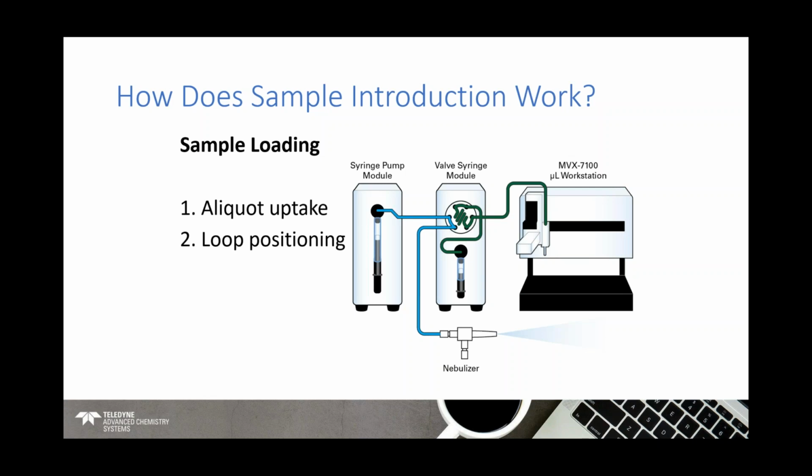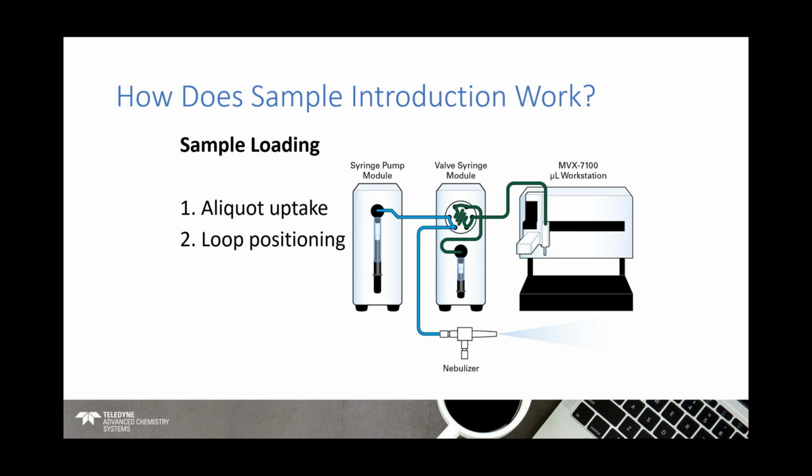Whilst that flow is going, you've got the other flow, the green line. If you go to the actual automation, which is called the MVX 7100 microliter workstation here, the sample probe or sample needle can move to a particular sample.